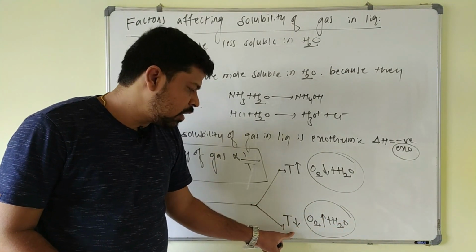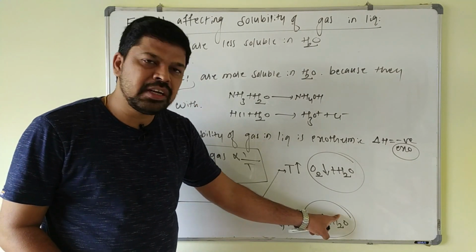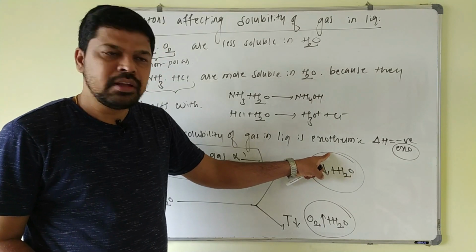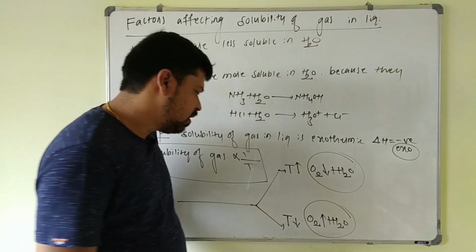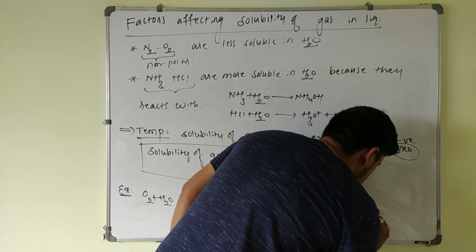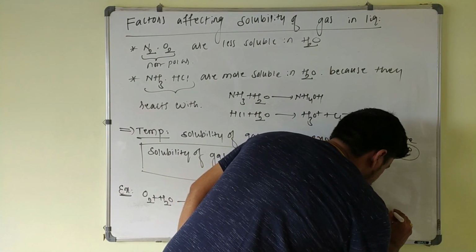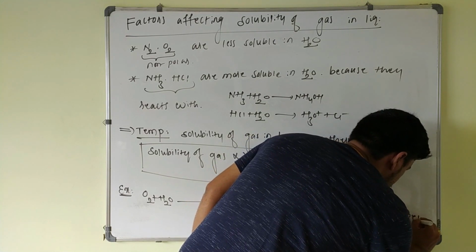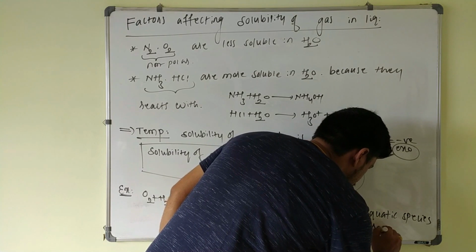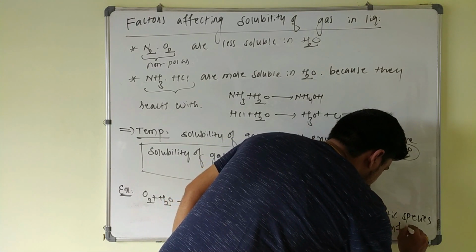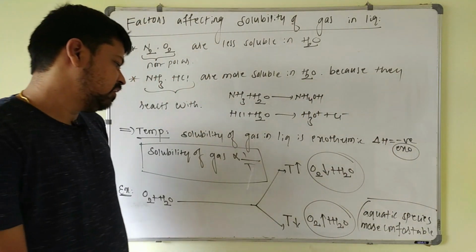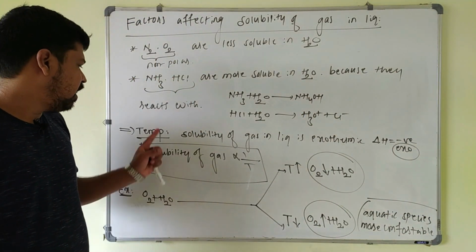At low temperature, more dissolved oxygen is present, so aquatic species are more comfortable in cold water than in hot water, because here dissolved oxygen is maximum. Aquatic species are more comfortable at low temperature only. Okay, this is the effect of temperature.